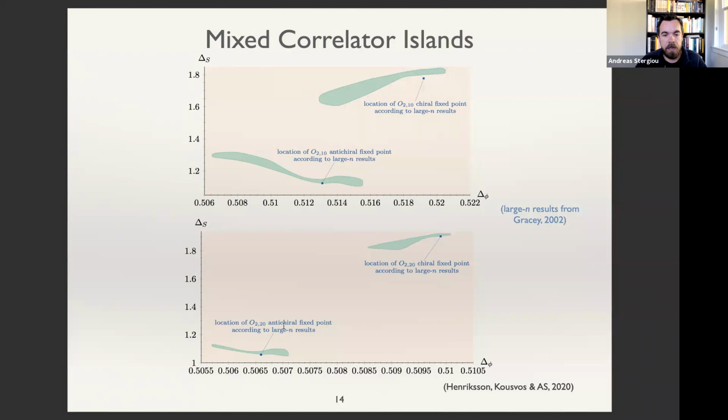So in blue here, you see the location of the fixed points according to large n results. And these large n results, for example, include the 1 over n squared corrections, which were taken from this paper by Gracie.